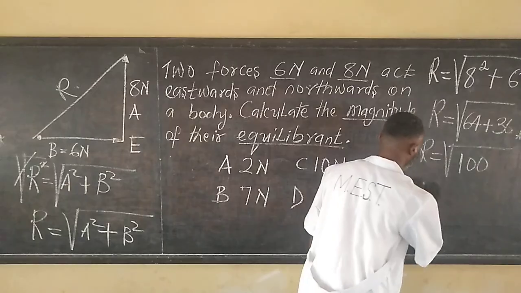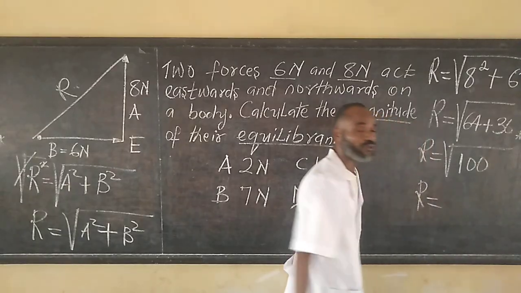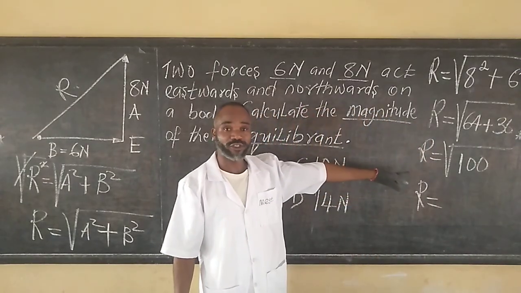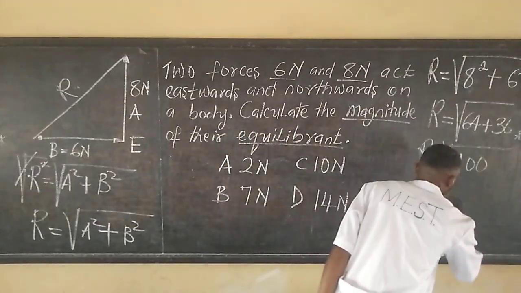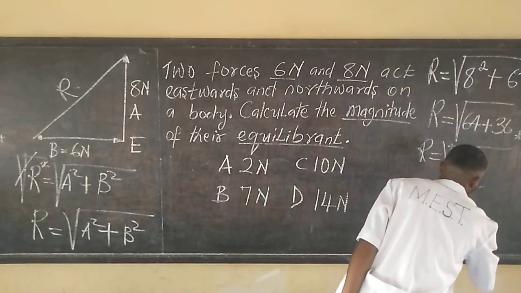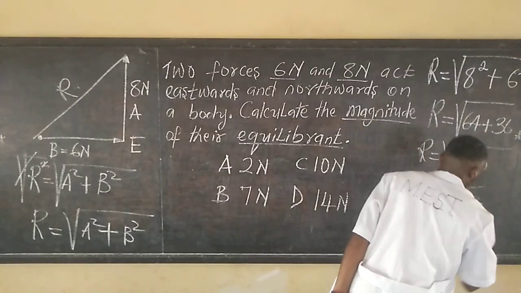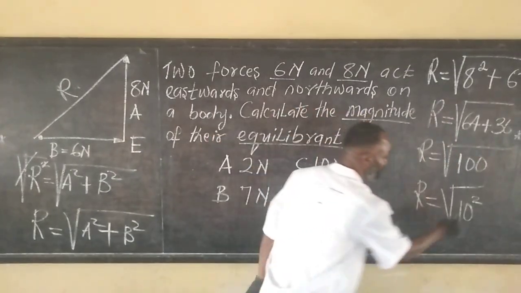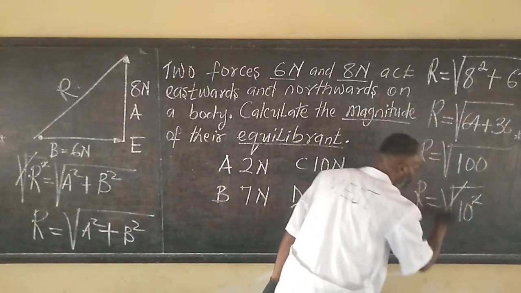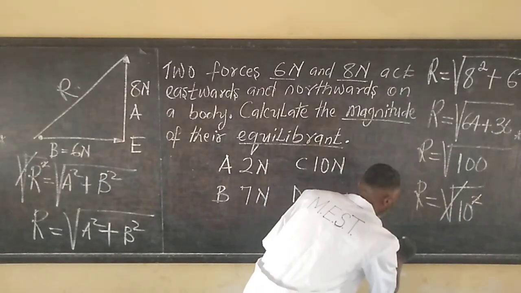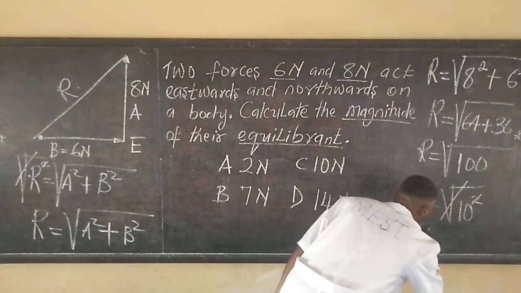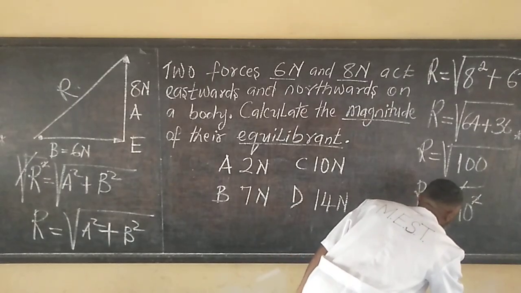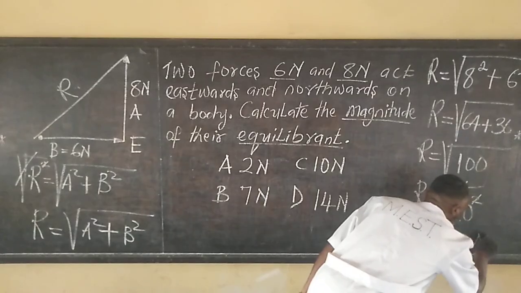What do we have here? The square root of 100. How do we find that? It becomes the square root of 10 raised to power 2. That's the simplest way. We cancel the square and the square root. Therefore, R is equal to 10 Newton.